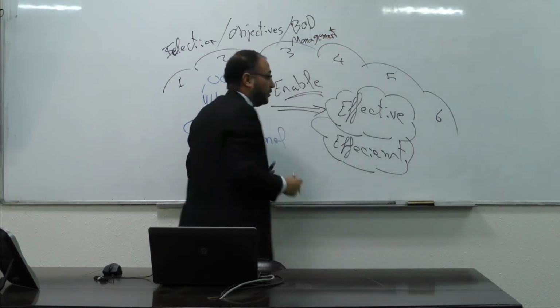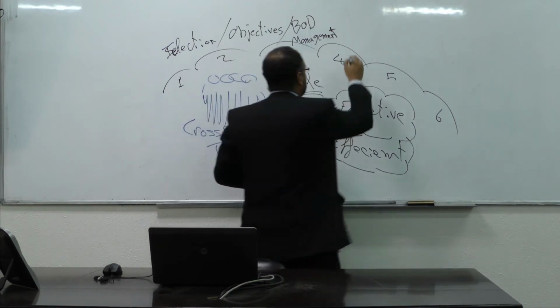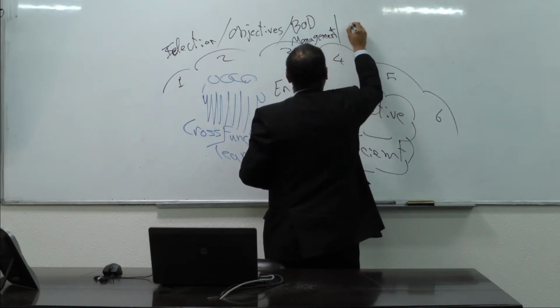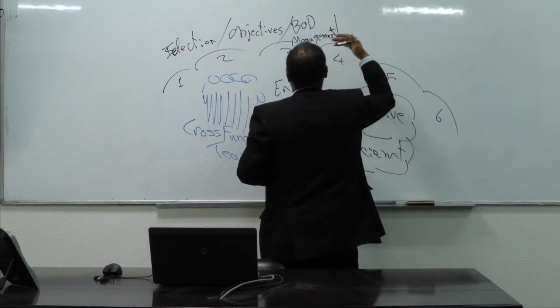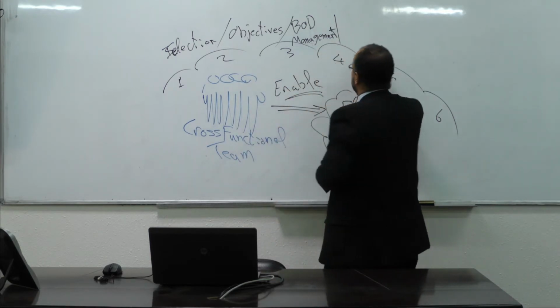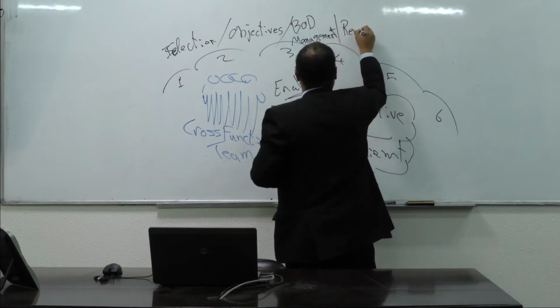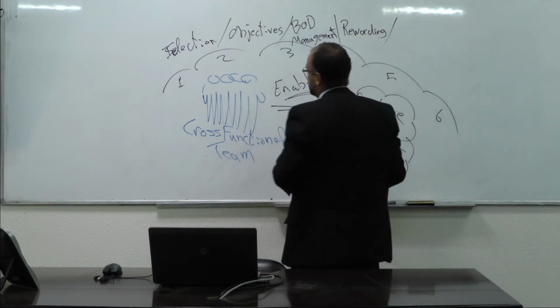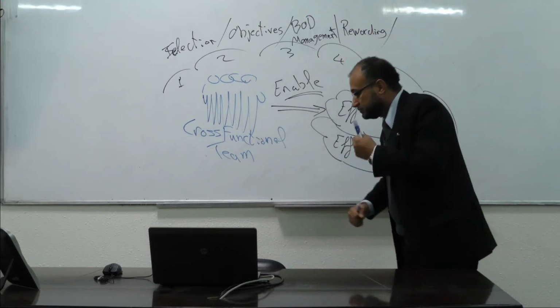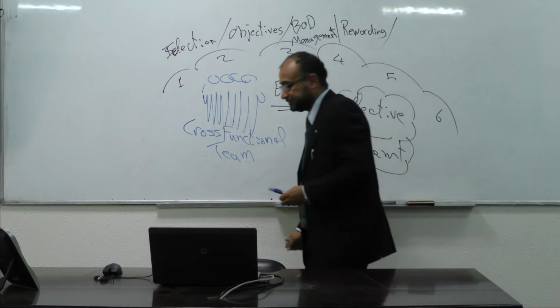Indicators or ideas about selecting the cross-functional teams. What are the benefits or the results or the things that will be given as rewards? Rewarding system, rewarding for these cross-functional teams to make them more enthusiastic in doing the work.